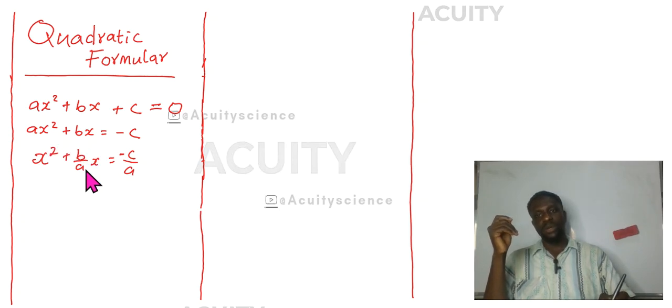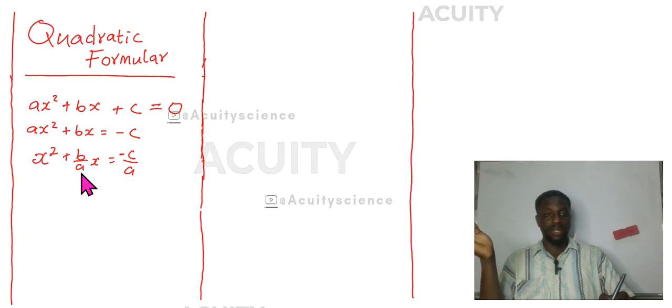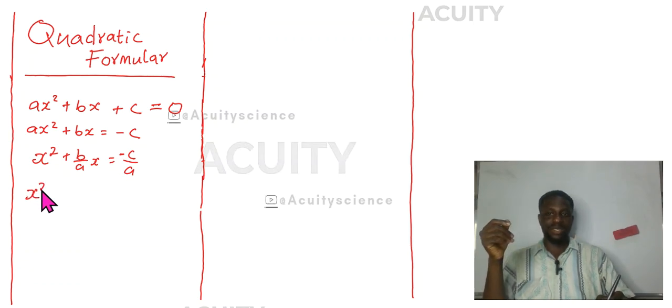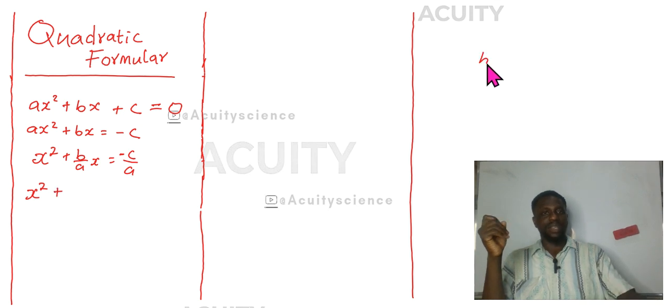So to do that, as usual, we'll get the coefficient of x, which is this, and then we divide it by 2, right? When we divide it by 2, we square it and add it to the other side. So x squared plus, let's say b over a divided by 2.